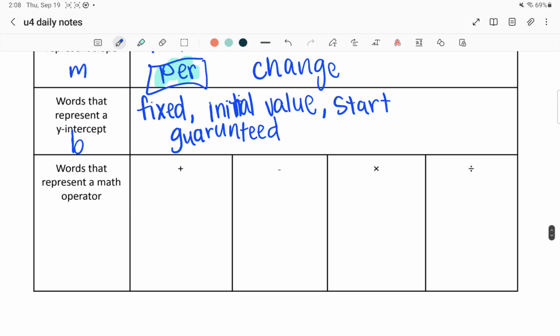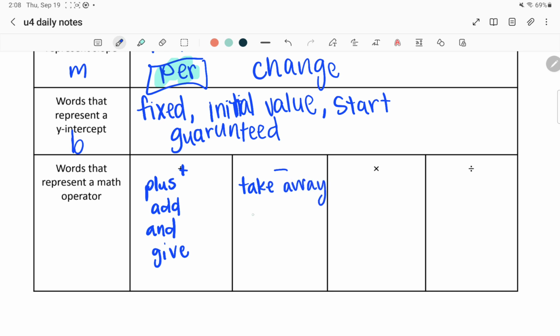Words that represent our math operations. So plus sign, obviously maybe the word plus, or add. You might see the word and. So if I say this and that, we would put them together, which is adding. Or you might see the word give. For subtracting, think take away, the word subtract, and minus.